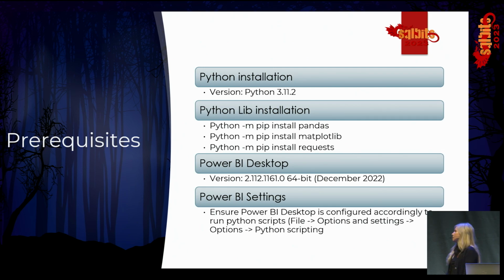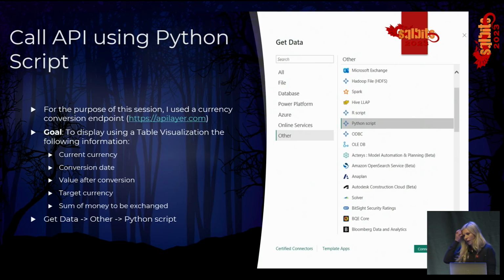And the last prerequisite is related to the settings. Actually, it's a default setting, but in case you have trouble installing the above tools, you may need to check the settings and ensure that the Power BI desktop is configured accordingly to run Python scripts. For the purpose of this presentation, I used the currency conversion endpoint.